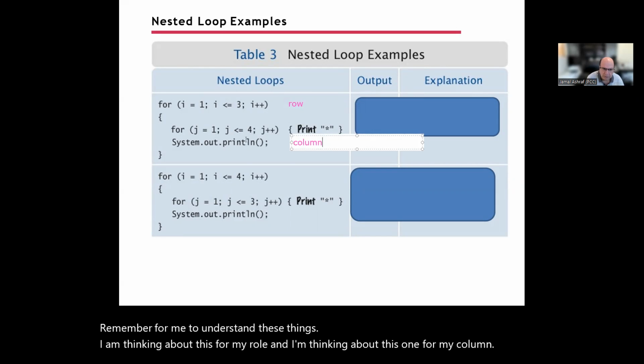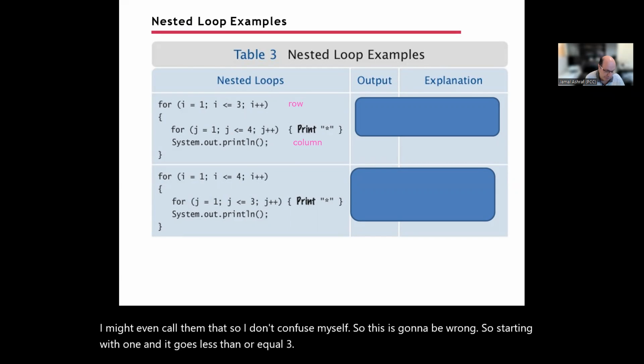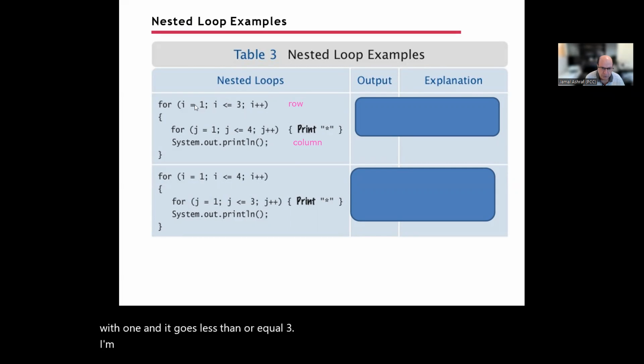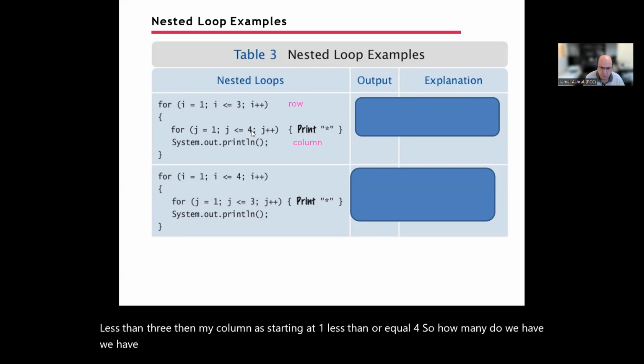I might even call them that so I don't confuse myself. So this is going to be row. It's starting with 1, and it goes less than or equal 3. I'm more comfortable to say start with 0, less than 3. Then my column is starting at 1, less than or equal 4. So how many do we have? We have 3 rows, 4 columns.